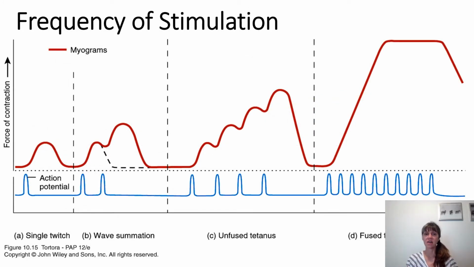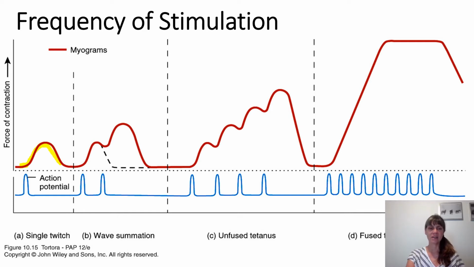In terms of summation of contractions, that's dependent on the frequency of the stimulation. If we have one stimulus, one action potential, which is an electrical current, stimulating the muscle, the result is one muscle twitch, one contraction.